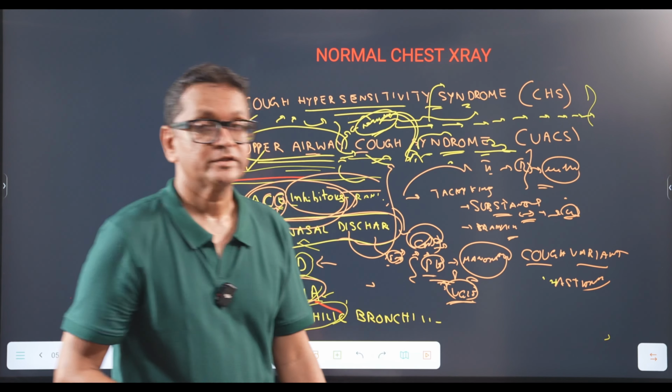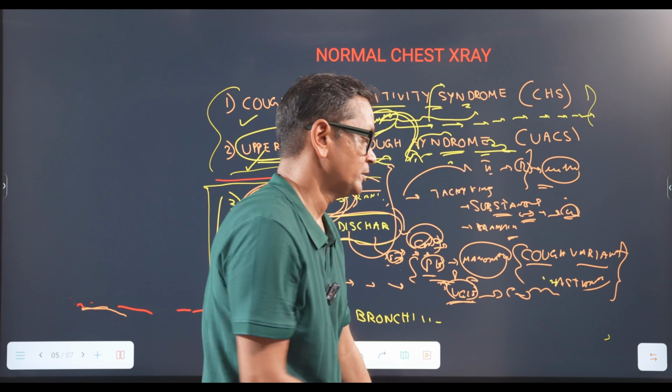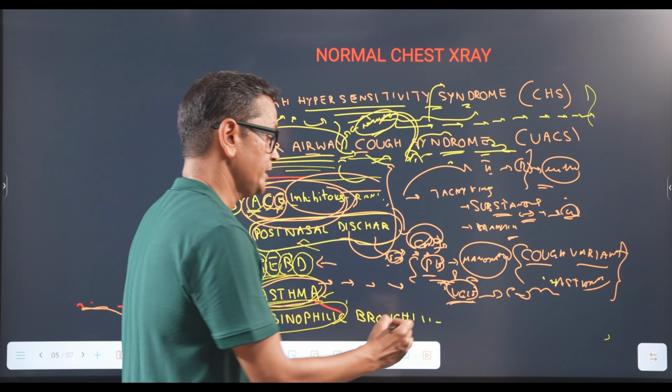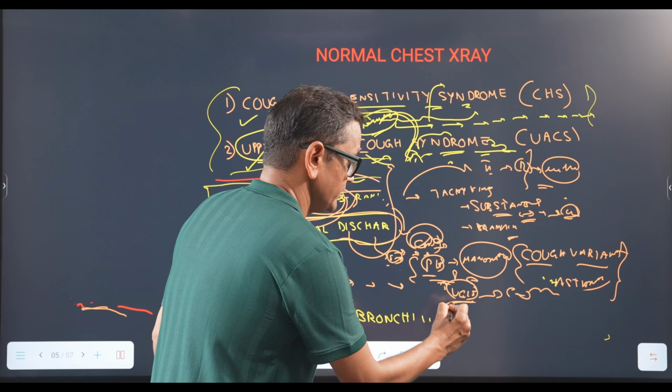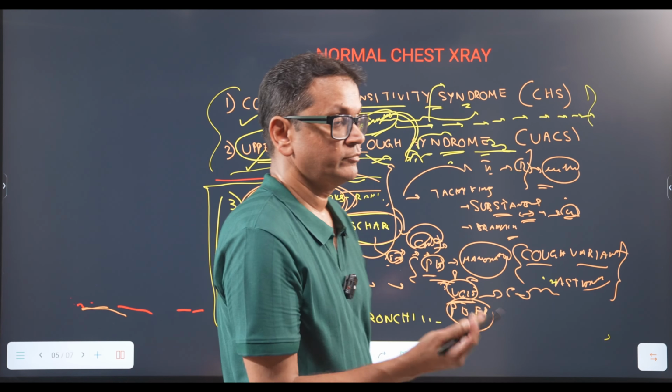So in such settings, if you are evaluating for asthma, look for response with inhaled corticosteroids or bronchodilators. Accordingly, you can evaluate for asthma, and also you can estimate asthma by measuring peak expiratory flow rate, PEFR, because nowadays they are ubiquitously available, meaning everywhere.